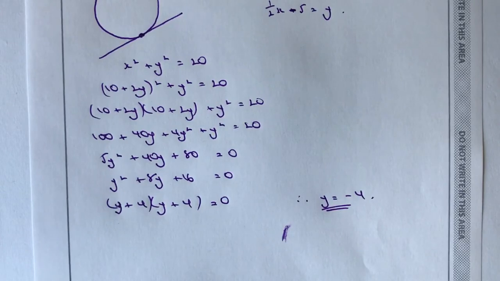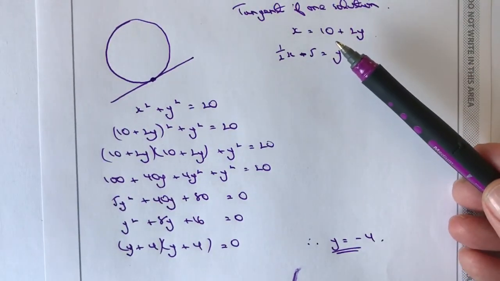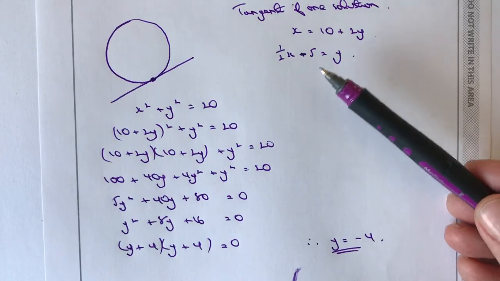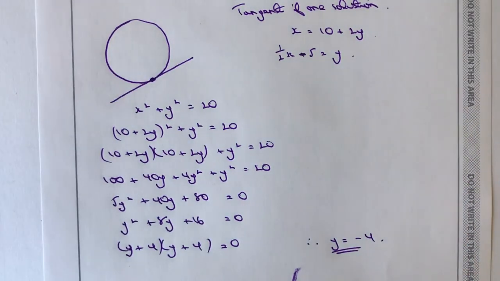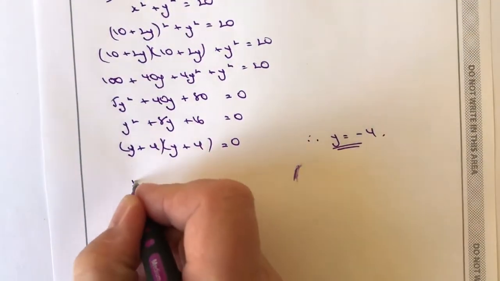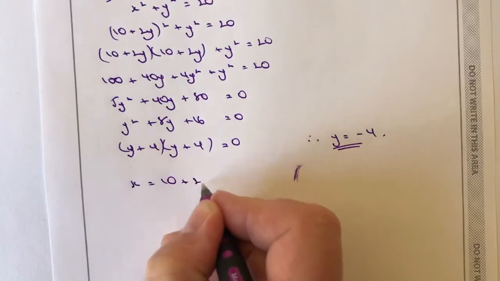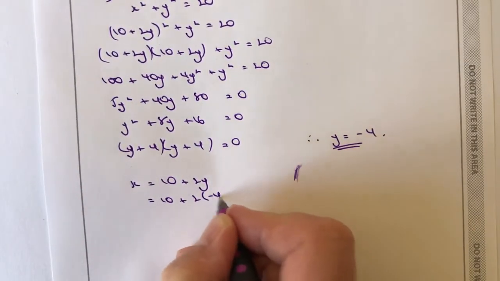And then really I can take that information and plug it into this equation at the top to work out my value of x. I'm just realising now I didn't actually need that, but I'm going to work out my value of x using this formula. So I've got x equals 10 plus 2y. That's going to equal 10 plus 2 times minus 4.